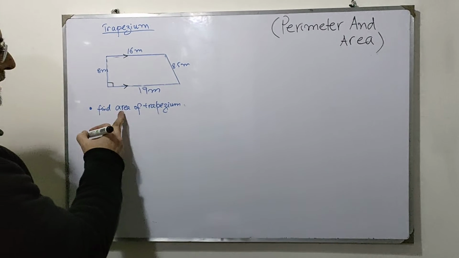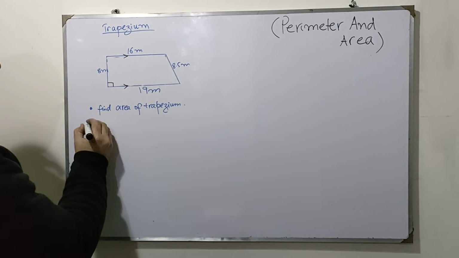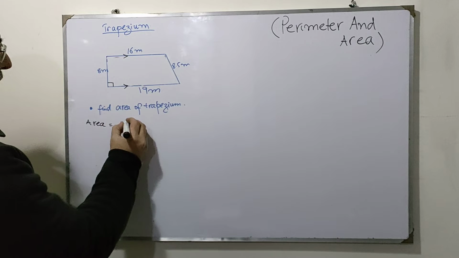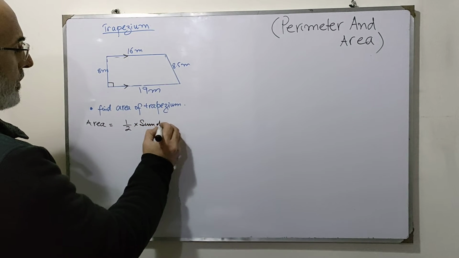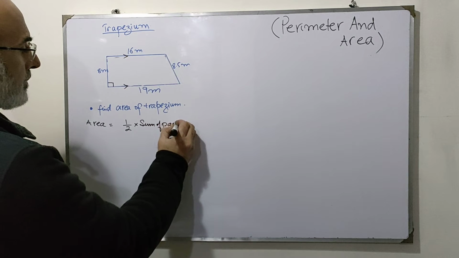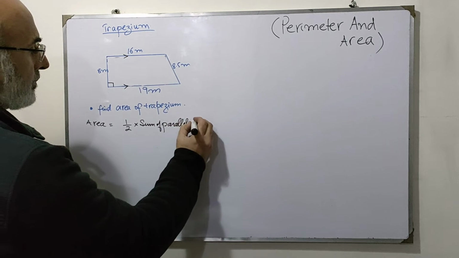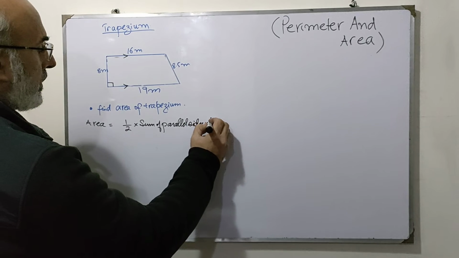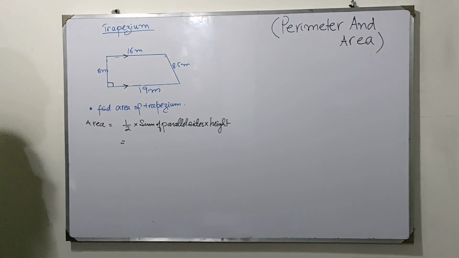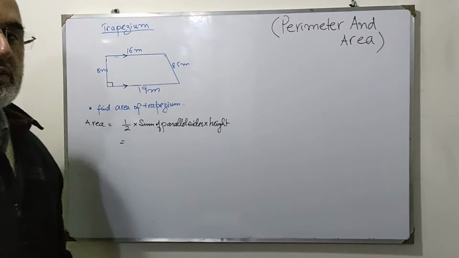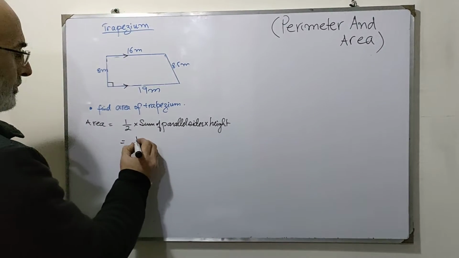So we have to find the area of the trapezium, and for that we have the formula: area is equal to half into sum of parallel sides into height. Okay, so the sum of the parallel sides is 16 plus 19, which is 35, right?